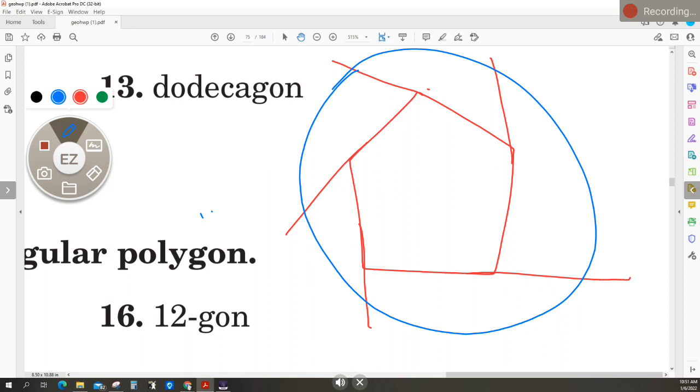How many degrees is that? Y'all think this is going to happen every single time? Yes. It doesn't matter how big your shape is. It could be a 20-gon, 100-gon, a 4,000-gon. Guess what all the external angles will always add up to? 360. Well, that's not a polygon, so that's irrelevant.